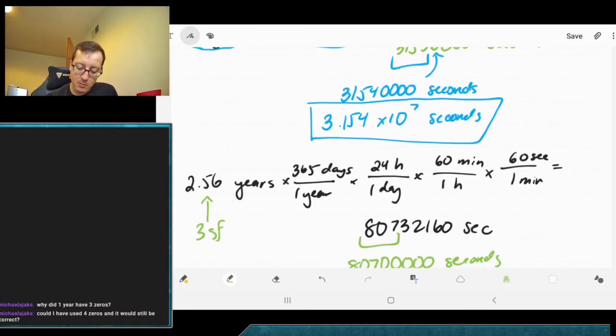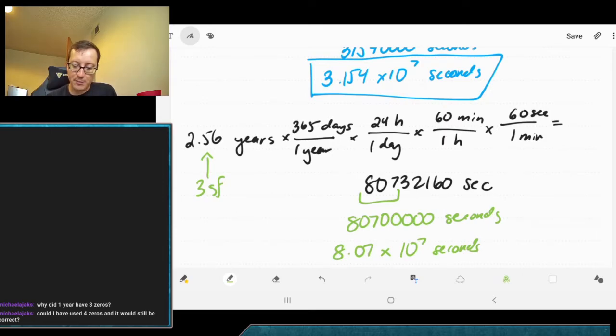So we see here, we're able to now convert any number of years we want into seconds, following the same plan as before. The only thing is you'll need to round your answer to the same number of sig figs that your starting value had, because again, we always start with a measurement.